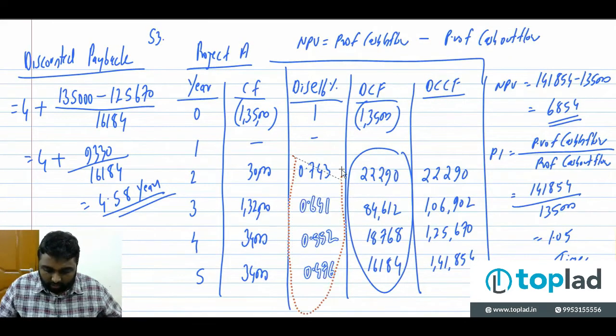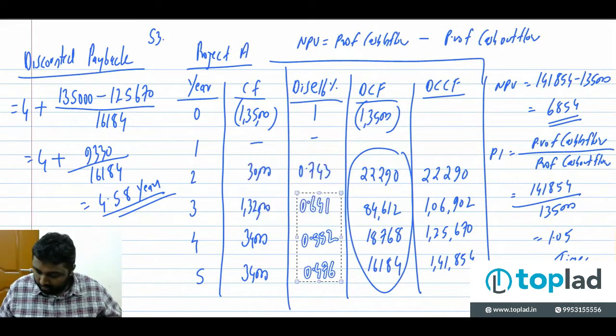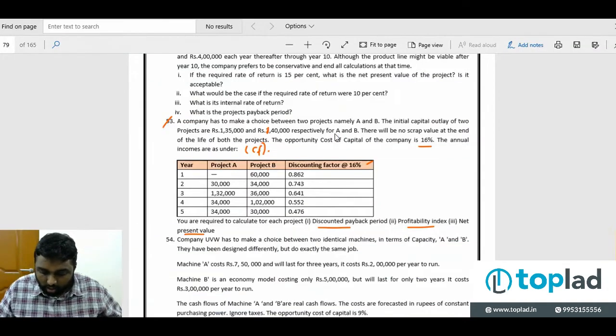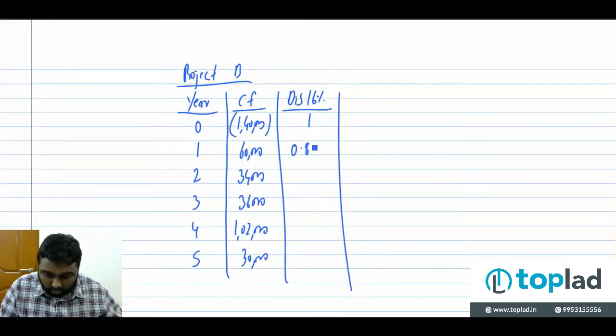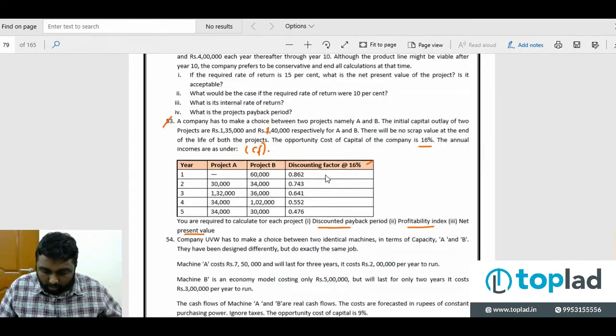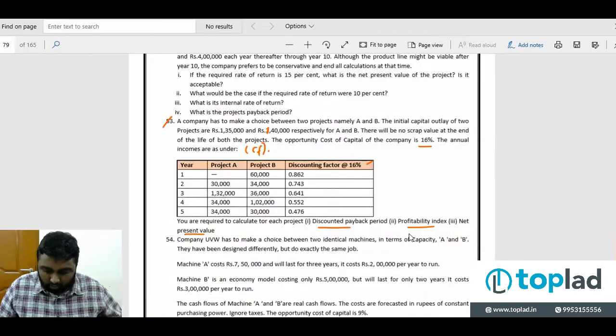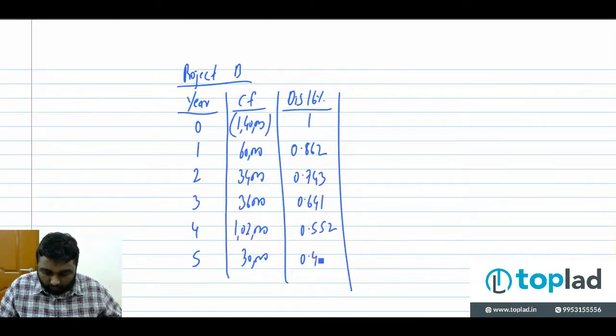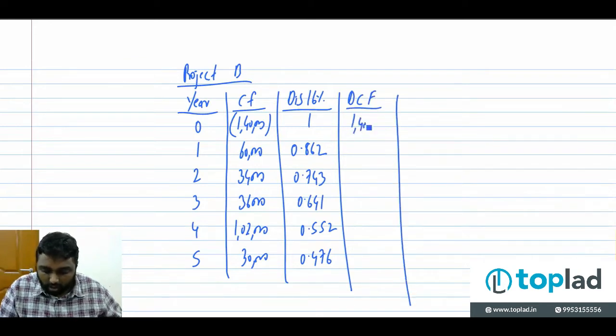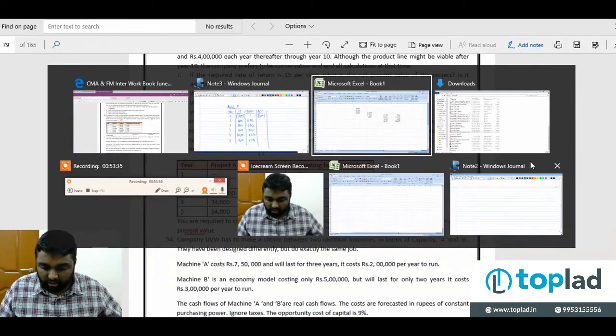We can copy these also, or else we will make them: 0.862, 0.743, 0.641, 0.552, 0.476. Discounted cash flow. 1,40,000 outflow. We have to do for each case. Are you ready?